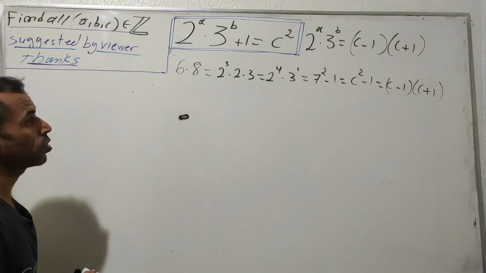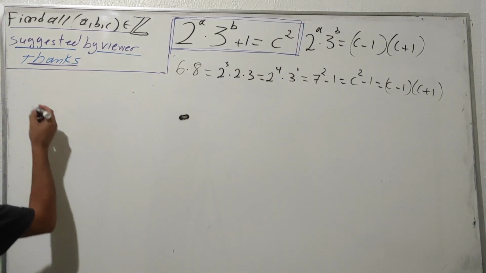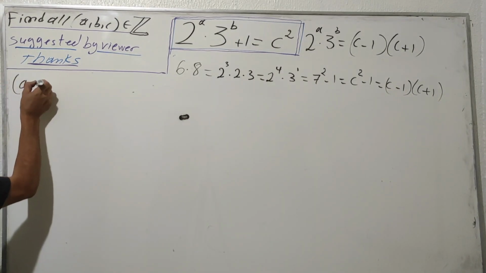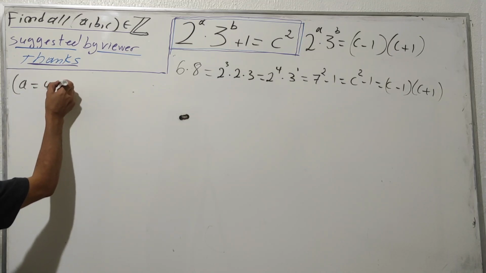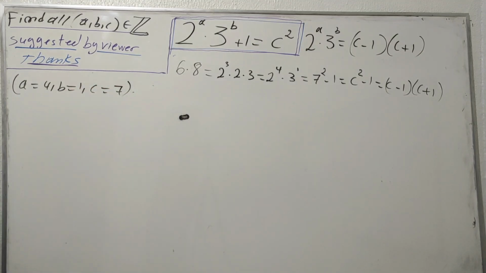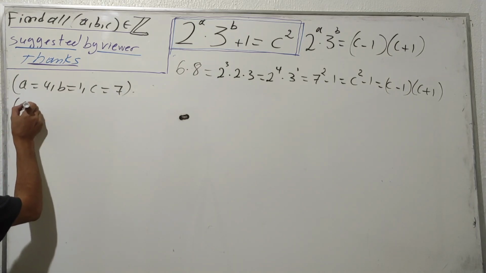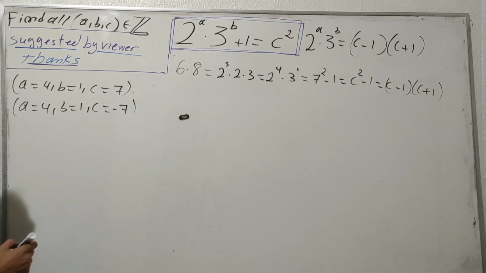Okay, so it's clear we are going to determine c now, because we have a solution of a equals 4 and b equals 1 with c equals 7. Since we are considering the negative solution for c, I will have a second solution: a equals 4, b equals 1, c equals minus 7. A and b are always positive, okay? So now we have the number of solutions as 10, okay?